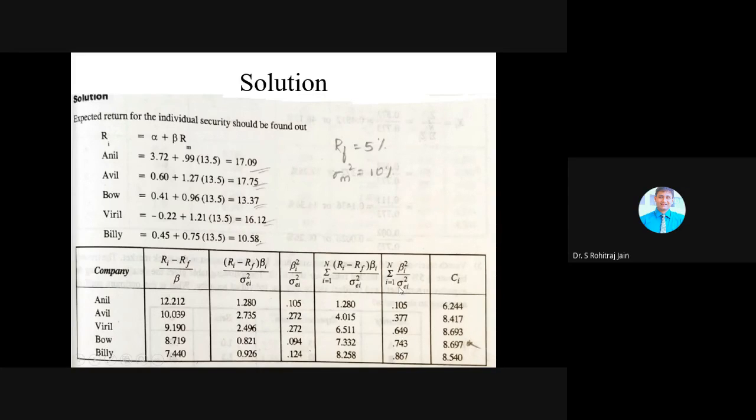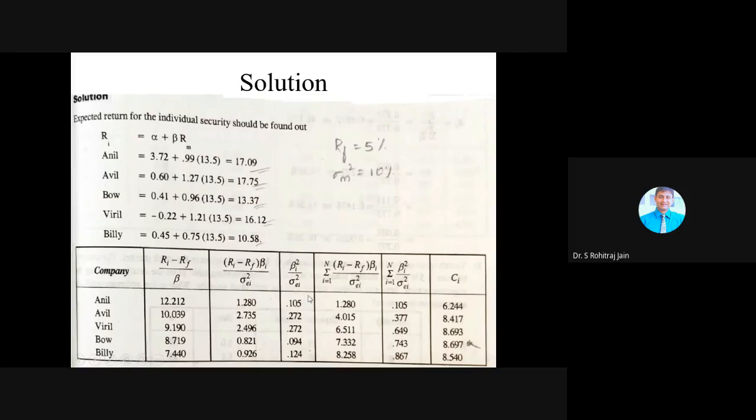So what I'll do, I'll use these values in the formula. First, variance of the market. Sigma m square means variance of the market. They have already given it to be equal to 10, right? Multiplied by the summation for the first stock, which is in the table: 1.280, which we have calculated.